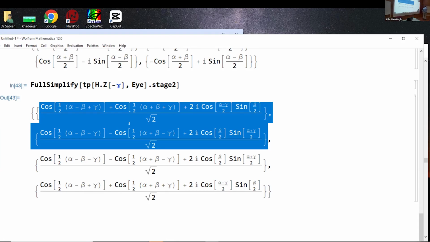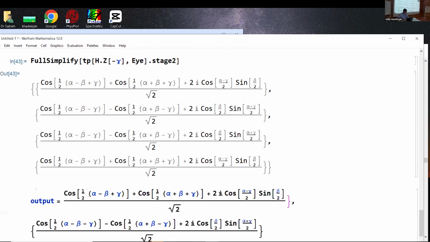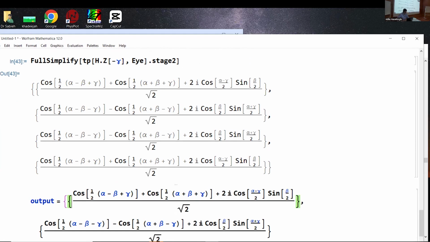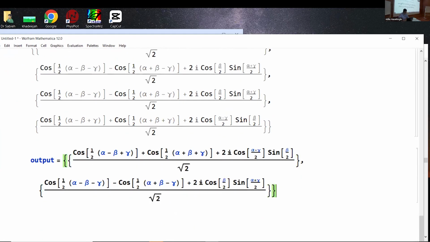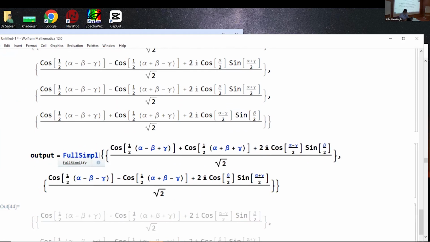We've measured this in alpha, measured this in beta, measured this in gamma, and now when we've made a measurement, the first qubit has been projected into some state. That state is given by these terms that I've shown in blue. So now if I just extract this whole C and call this the output of the readout, let's try to simplify this if possible.